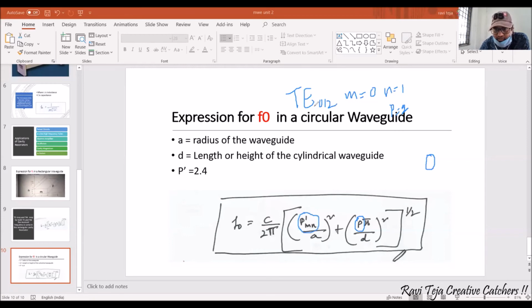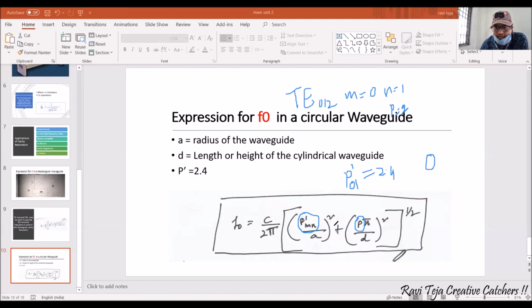Suppose the question gives TE012. So here P dash or capital P of small m, small n, what is the value given? m is 0, small n value is 1. P dash of 0,1, or capital P of 0,1, should always be 2.4, by default 2.4. Remember that. Many people, while solving the problem, just substitute capital P equal to 2 also.